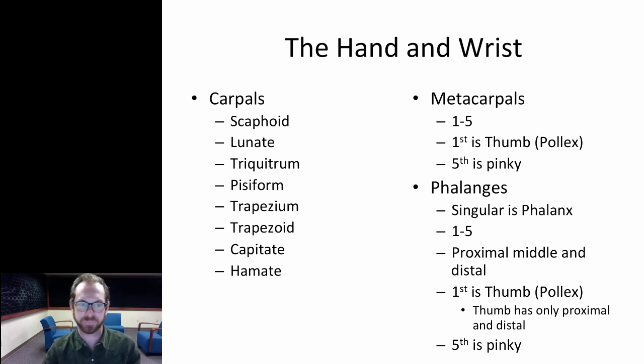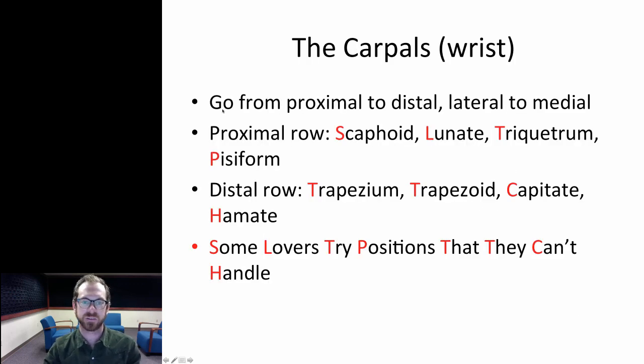So let's move into these, and we've got some pretty helpful mnemonic devices for you. We're first going to start out with our carpals. And we have this nice mnemonic device: Some lovers try positions that they can't handle.